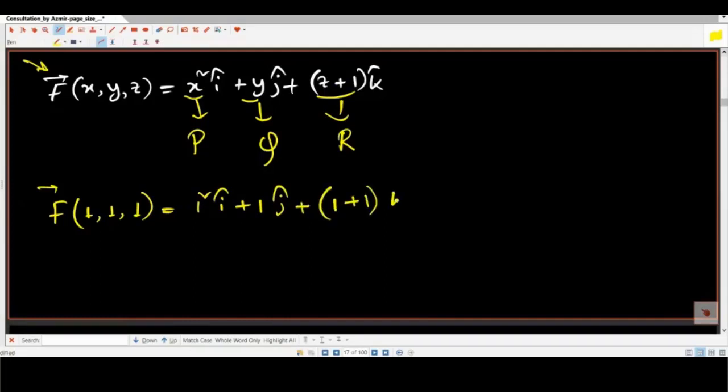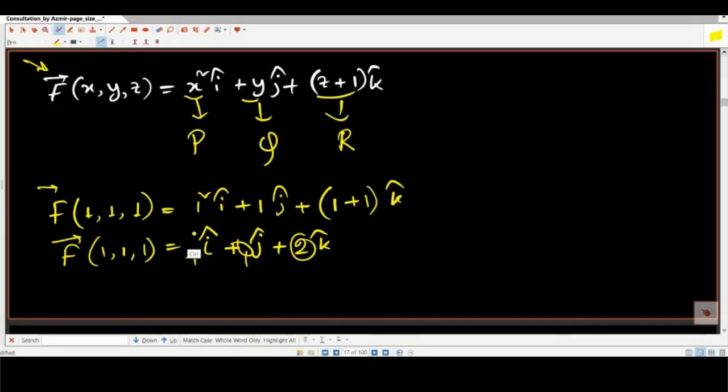So we have 1 squared i, that means 1i or i, 1j, that means j, and 1 plus 1, that is 2k. So from this vector field we can generate a vector where we have constant components. That means from a vector field we can generate many vectors.